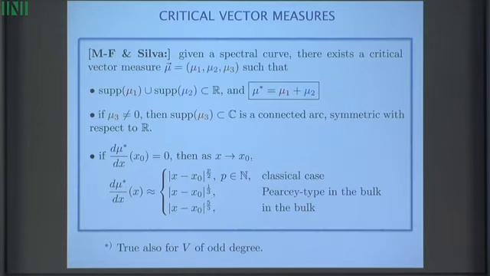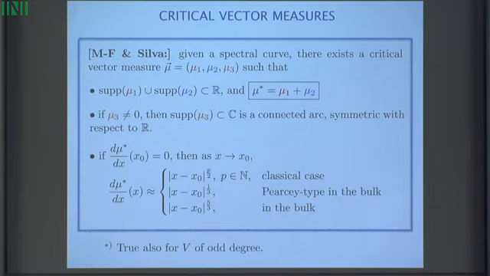Okay? Well, the definition is not very helpful for calculation, but it allows us to connect with the cubic equations I mentioned before. That was something we proved partially in the previous paper, partially in the recent one, and it says the following. If you have a spectral curve, remember, a spectral curve is a cubic equation with a set of conditions on it, then there always exists a vector measure of the form I mentioned with the following properties.